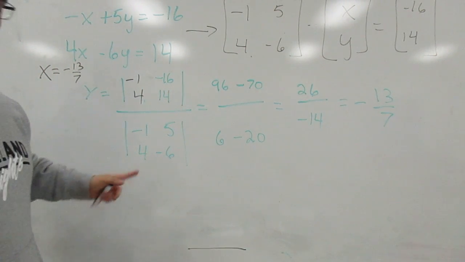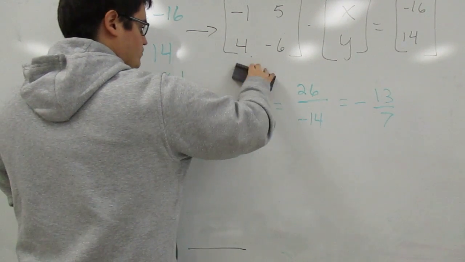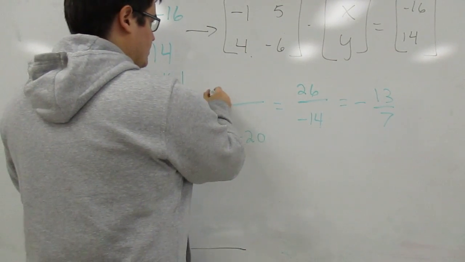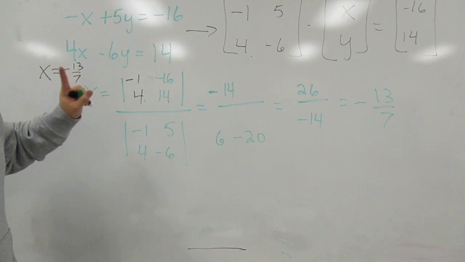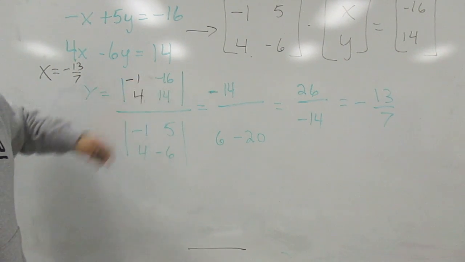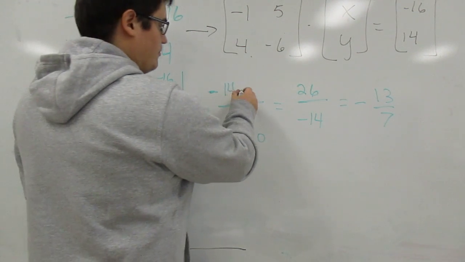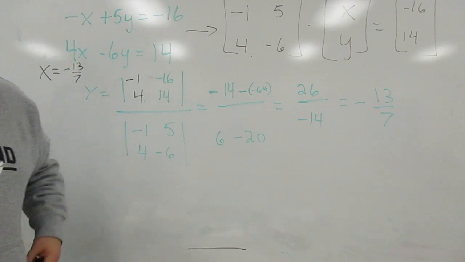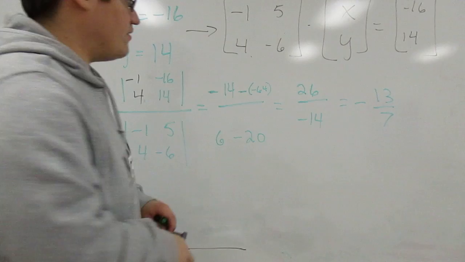Okay. And remember, this guy stays the same, so we don't have to worry about that. Now 14 times -1 is -14. Okay. Now this we've got to be a little bit careful. So now it's 4 times -16, which gives us a -64. So it's minus a -64. Okay, many students like to put a -64 there, so be careful.